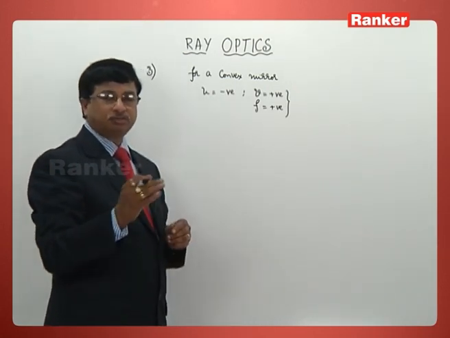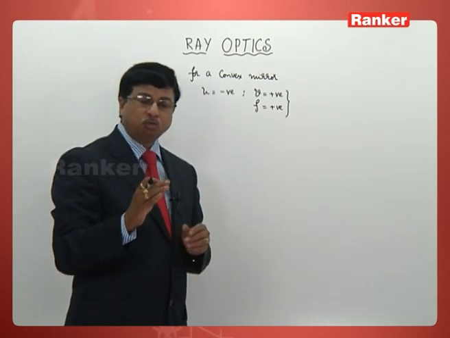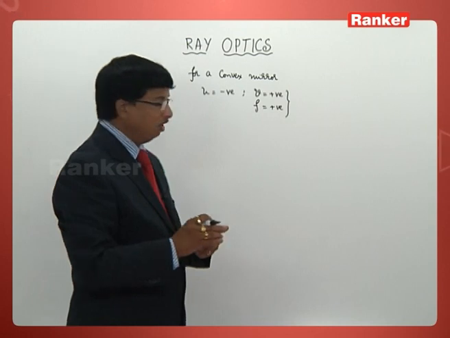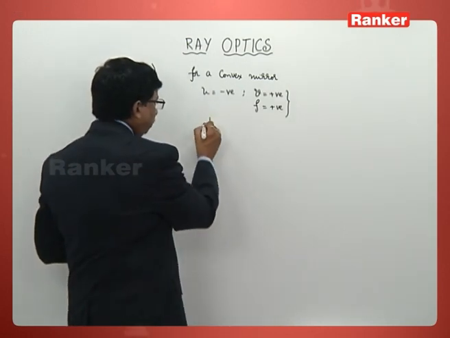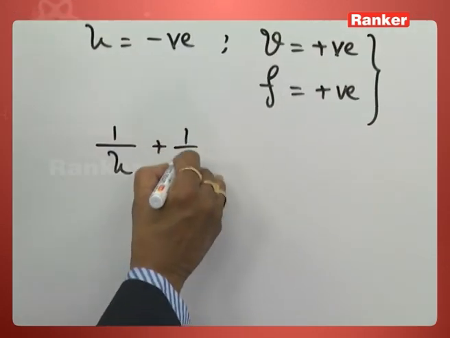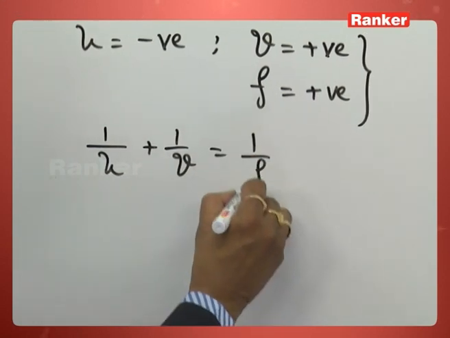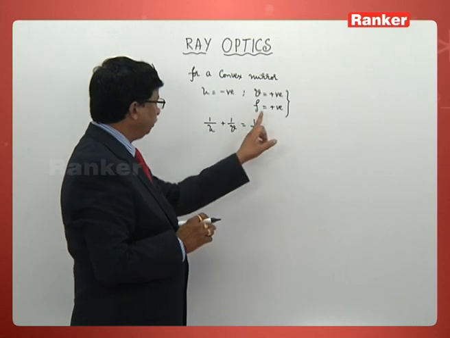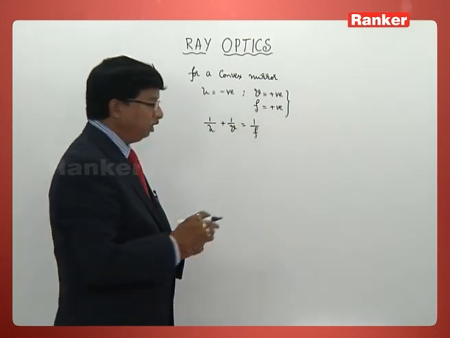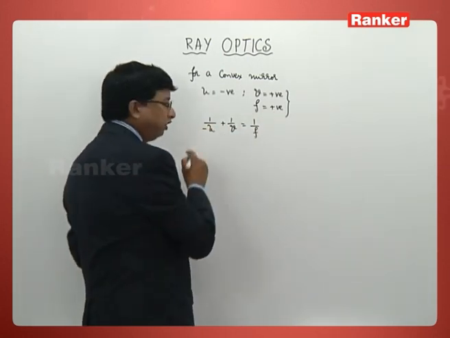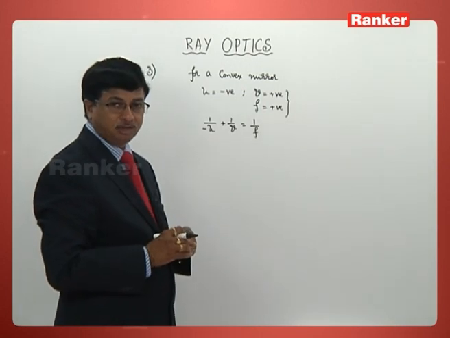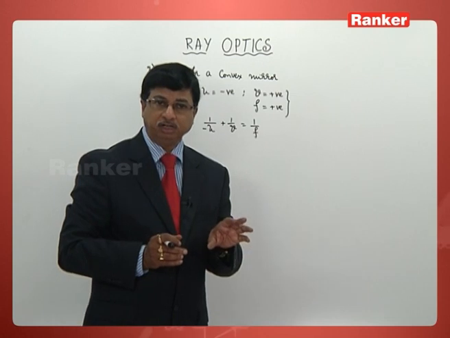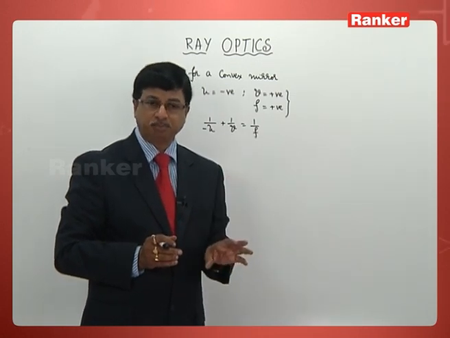The other 2 distances are to be taken with positive sign only. Then what can we write now? 1 by u plus 1 by v is equal to 1 by f, the formula. Out of that v will be positive only, f will be positive only, but u should be taken with a negative sign. So that convention is to be taken up a little carefully while writing the mirror formula.